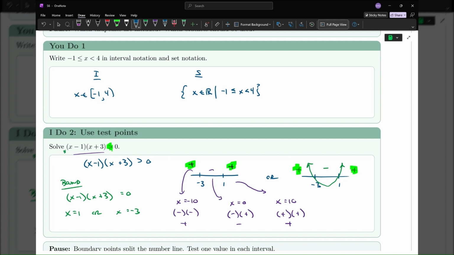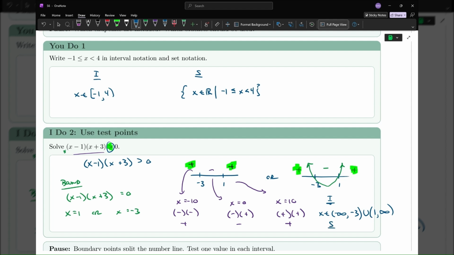Writing this in interval notation, I'm going to say x is an element of everything up to -3. Now notice it's a non-inclusive inequality, so I'm not including -3, or everything greater than 1. Again, exclusive inequality. So that's interval notation.